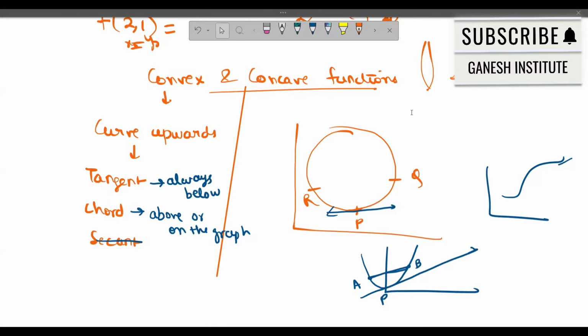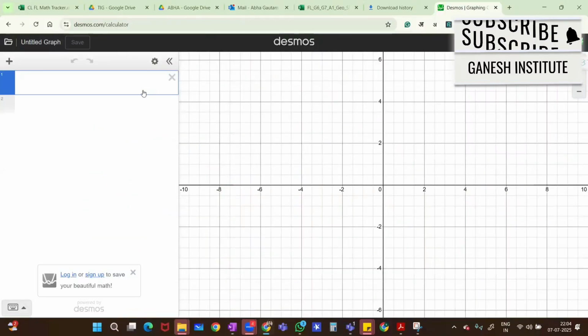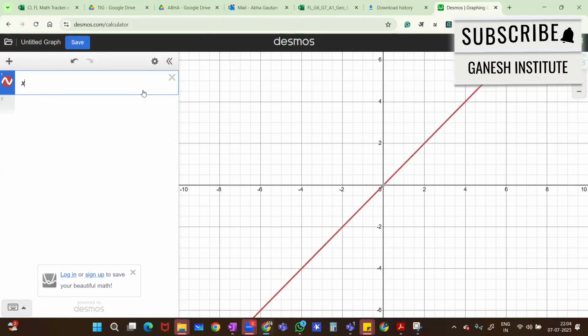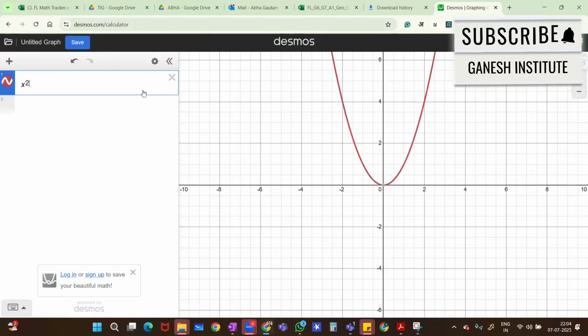It is a parabola. See, my screen is visible, right? Yeah. So I'm writing here x squared. You can see this is upward.